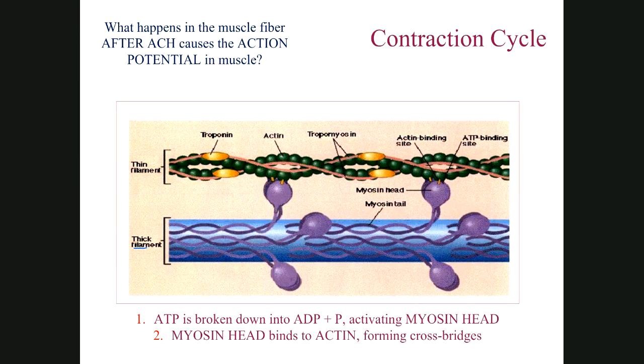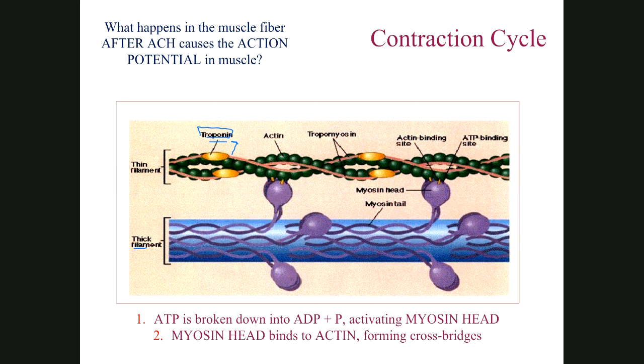Also, the calcium that is released into the sarcoplasm from the terminal cisternae, which is part of the sarcoplasmic reticulum, binds to troponin, which pulls the tropomyosin out of the way and permits this myosin head to connect to the actin.